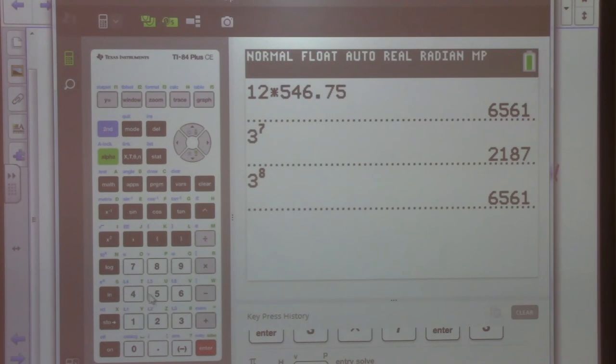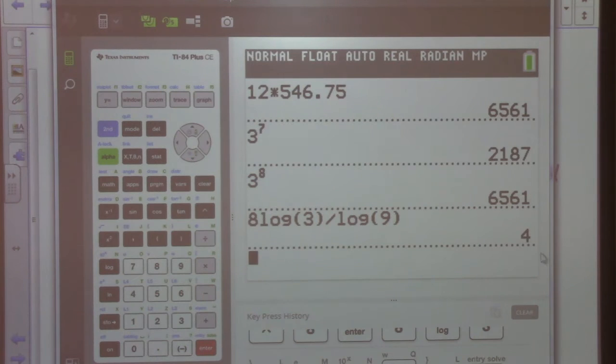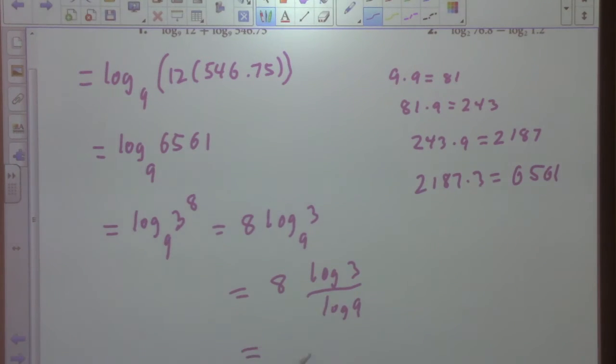So 8 times log 3 divided by log 9. So we get 4. So 4 is our answer to this one. So equals 4.